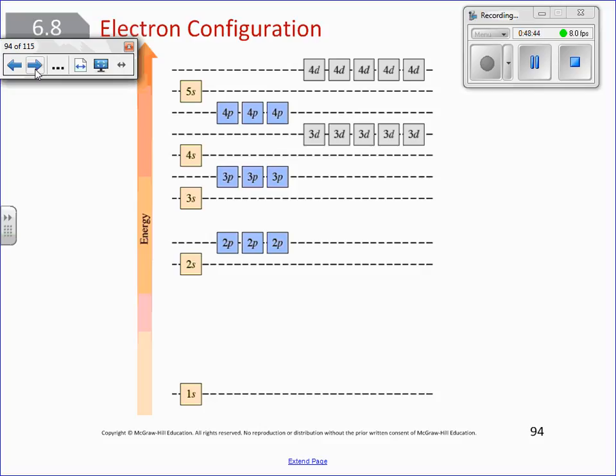Don't hit anything, go back to 2p, 3s, 3p, 4s, back up to 3d, 4p, 5s, then back up to 4d, 5p, 6s, then back up to 4f, 5d, 7s. That's how we're going to list them.